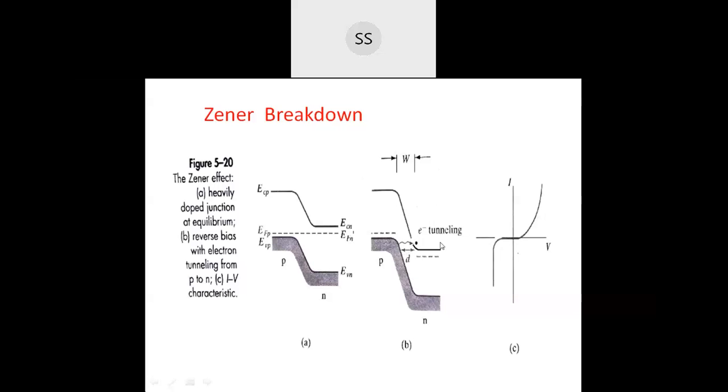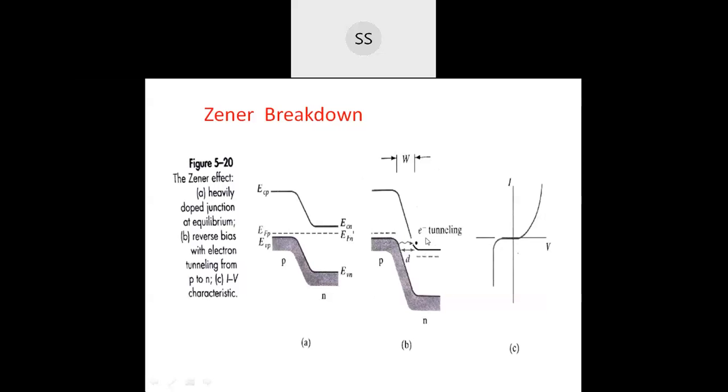So that narrow space will enhance the tunneling process, and because of that, a large reverse current is going up. Now this effect, that is the tunneling of minority electrons from p side to n side under the effect of reverse bias, is known as Zener effect.